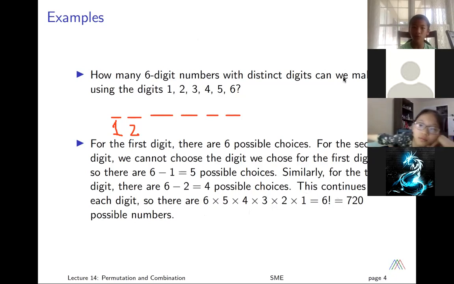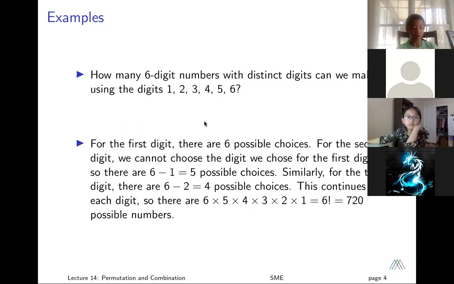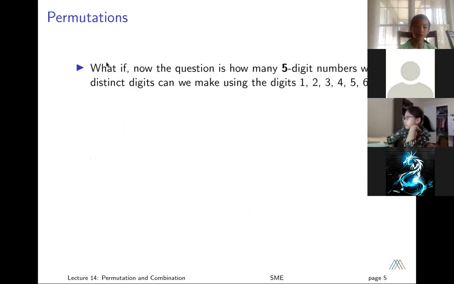So next problem. That was just the basic example of permutations. What if now we change the question? How many 5-digit numbers with distinct digits can we make using 1, 2, 3, 4, 5, or 6? I'll give you guys a minute to think about this.